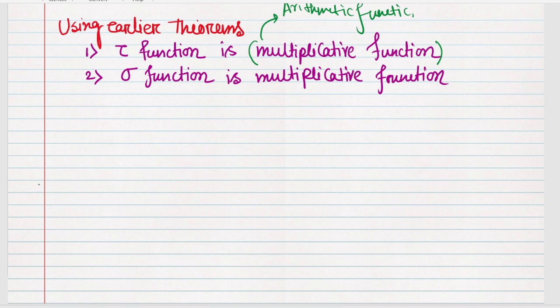An arithmetic function is also known as a number theoretic function. What defines an arithmetic function? Its domain must be the natural numbers. And a multiplicative function always satisfies the property f of mn equals f of m dot f of n.